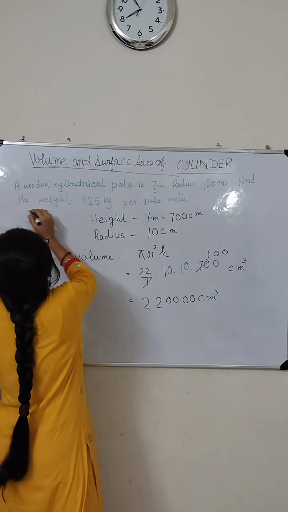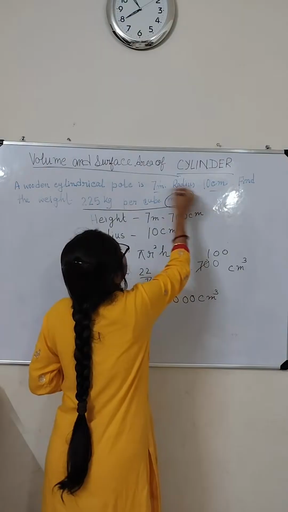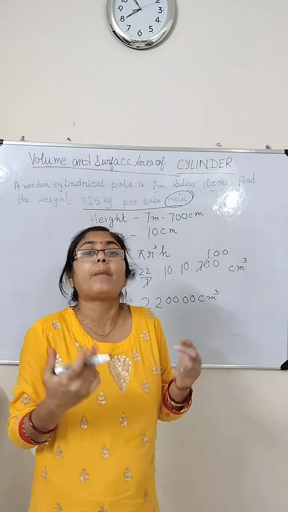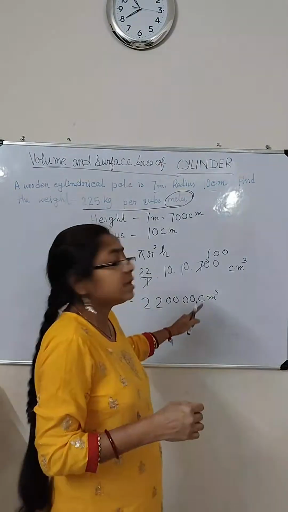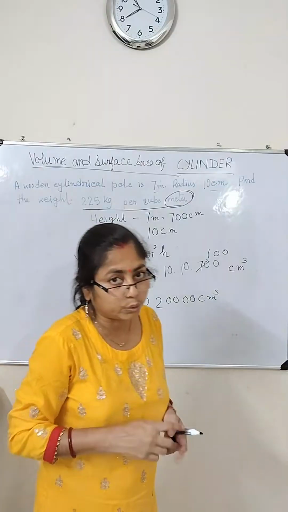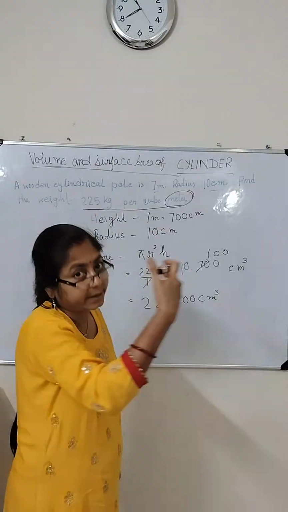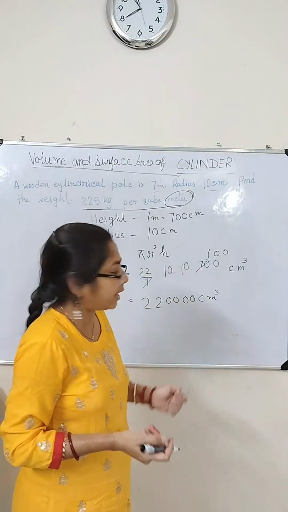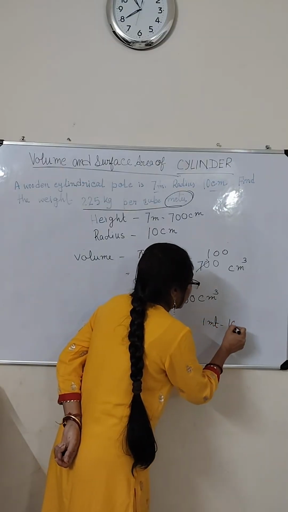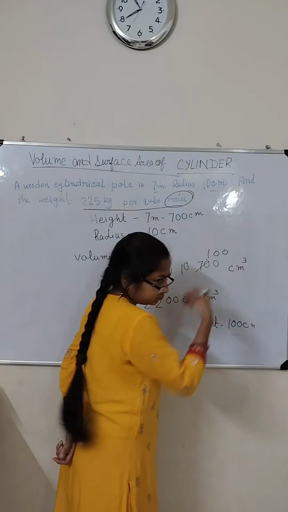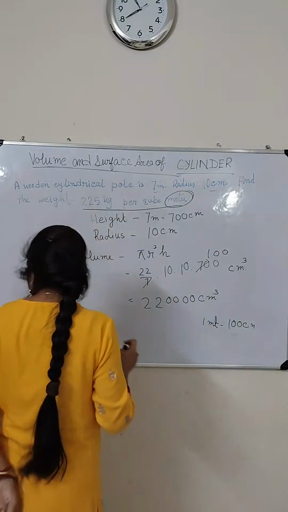Check this: weight 225 kg per cubic meter means the weight given is per cubic meter, but you found the volume in centimeter cube. So you have to convert centimeter to meter. You know 1 meter is equal to 100 centimeter. Opposite, 100 centimeter is equal to 1 meter.